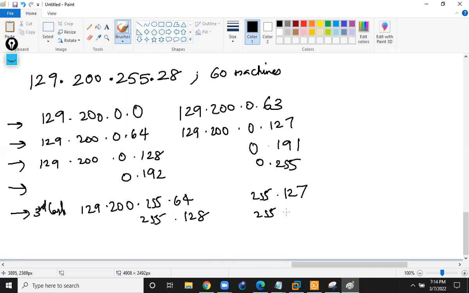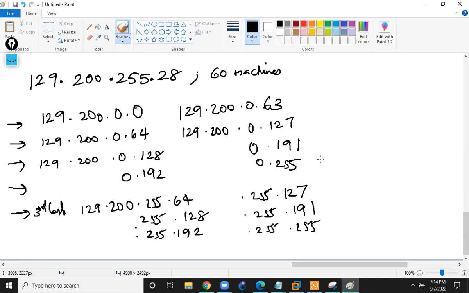Getting it? Yes. So this is 191. Okay, no worries. I'll check your notebooks. So the next one is 255.192. And the last one here is 255.255. Clear?